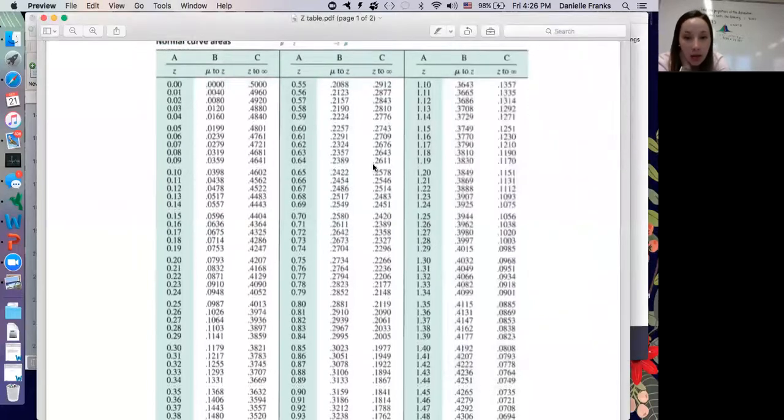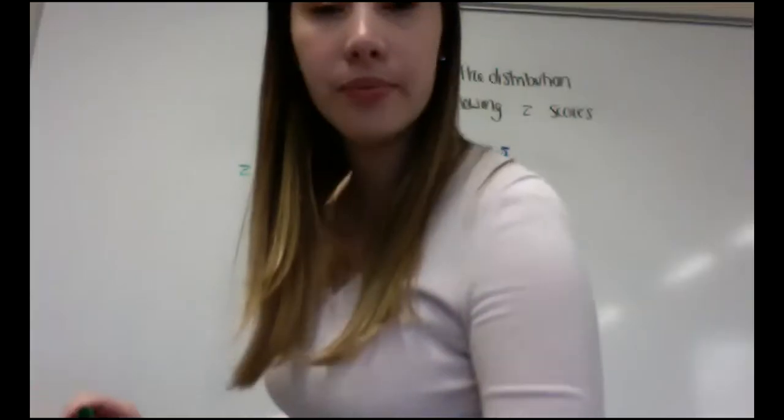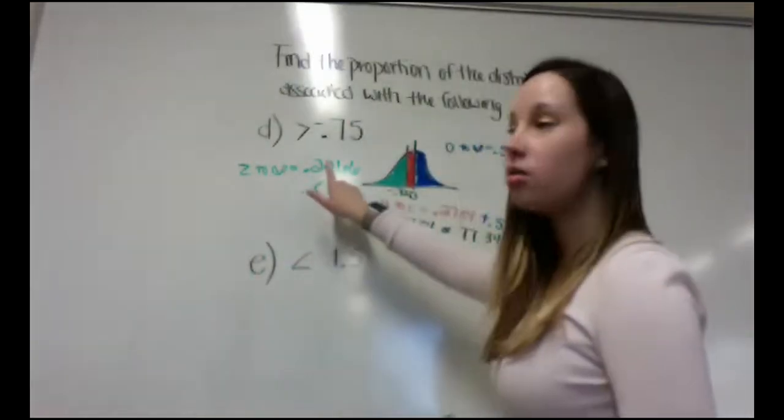So here again, we've got our 0.75. Now we're interested in column C, which we find here is 0.2266. So that is the probability associated with the green piece. 0.2266.